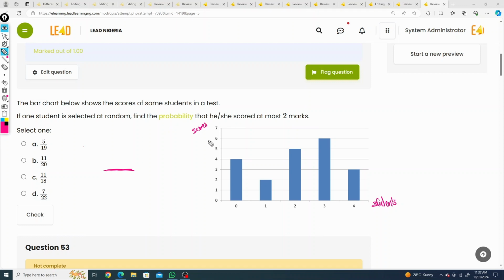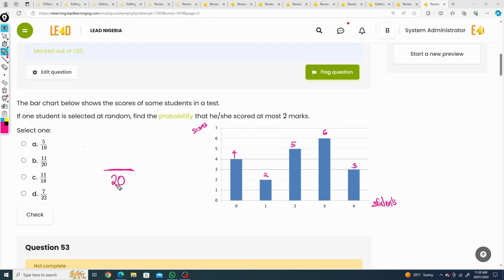So the total number of students would be 4 plus 2 plus 5 plus 6, and plus 3. So 4 plus 2 is 6, 6 plus 5 is 11, 11 plus 6 is 17, and 17 plus 3 is 20, right? So there are 20 students in all.